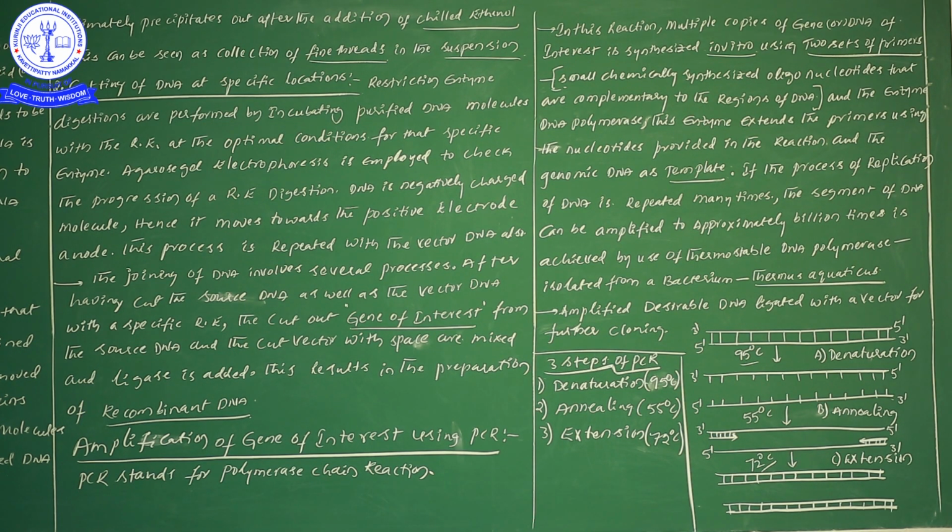Once you add chilled ethanol at the walls of the test tube, we have to use only chilled ethanol for obtaining a pure form of DNA.